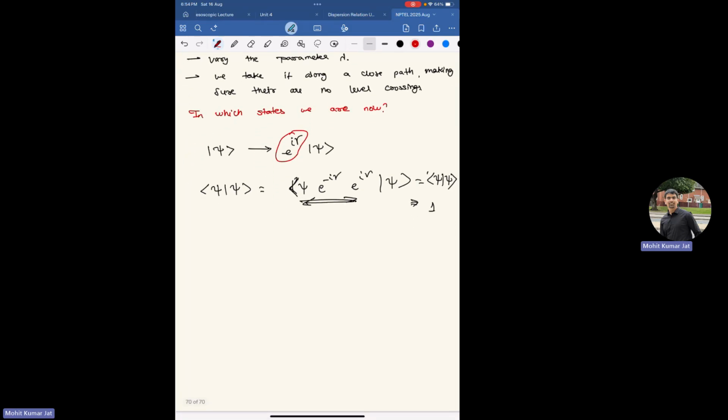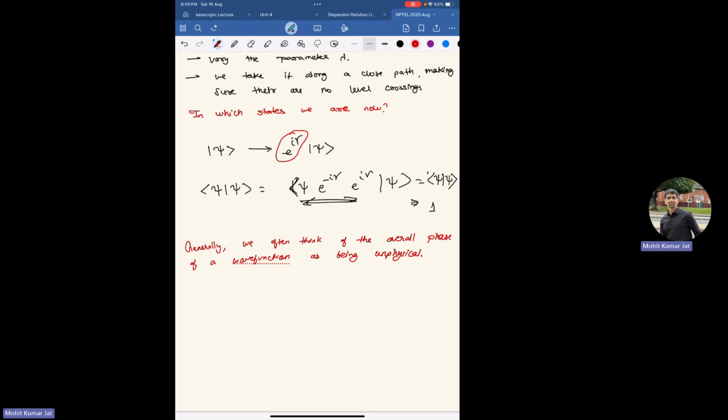Generally, we often think of the overall phase of a wave function as being unphysical, right?